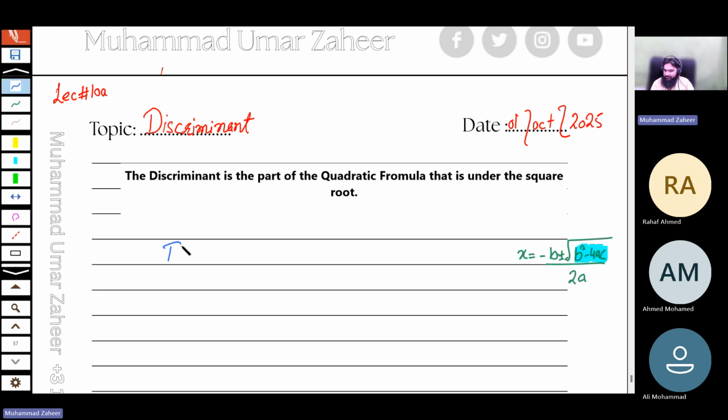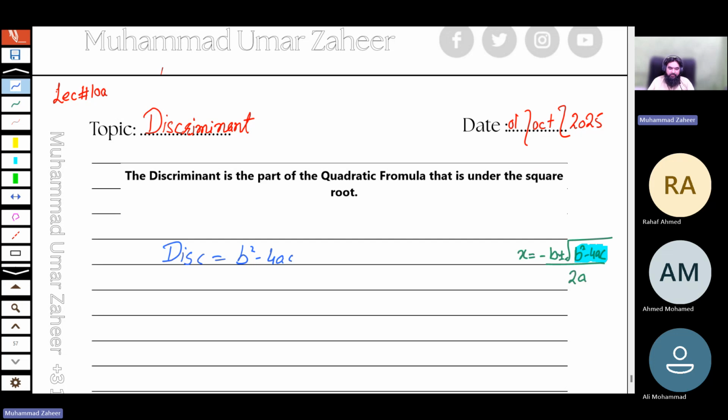That is, discriminant is equal to b squared minus 4ac. Basically, which type of answer you will get on the quadratic equation is going to depend totally upon b squared minus 4ac.